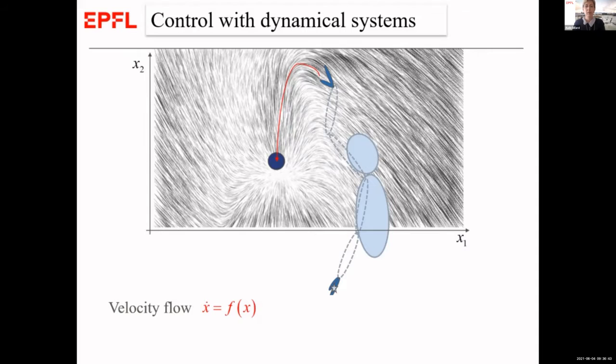And I'm not saying anything about f of x, it could be nonlinear. What I show with such a flow that you see here, which is the vector field, is that this flow has a particularity. It's clearly stable, it has a fixed point, which is on the target. So if you do have that, then you have an infinite number of paths that will eventually lead there. So you have guarantees of stability.